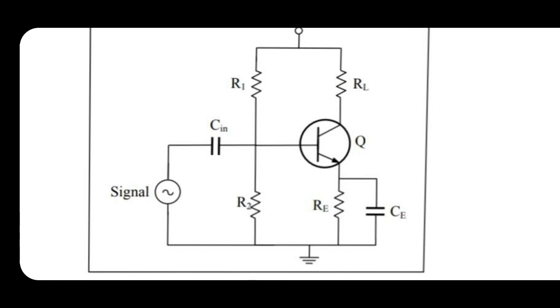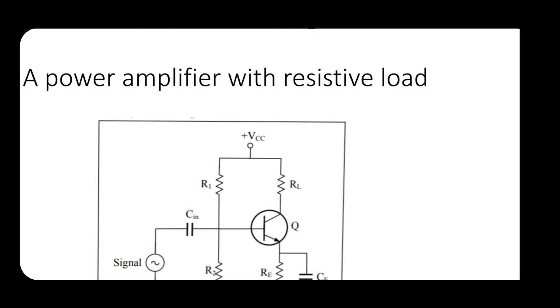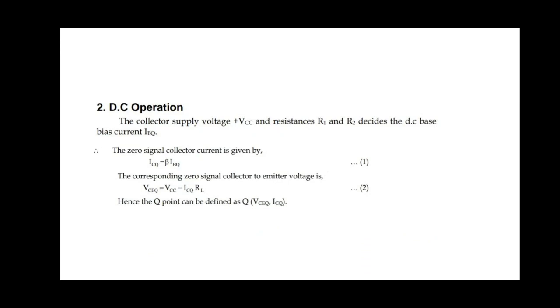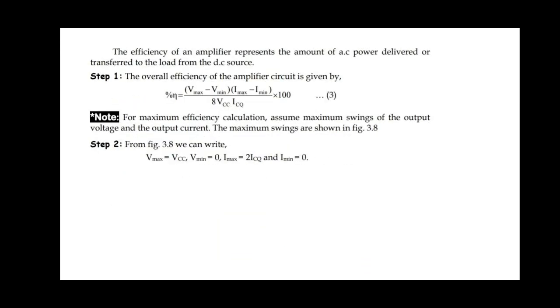For the expression for power output, what is the power output of this circuit? We have to calculate the output power and input power. There are two types of operation, DC operation and AC operation, and we have to calculate the efficiency of the circuit.